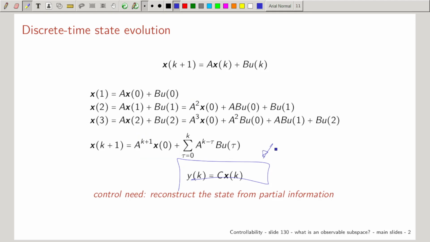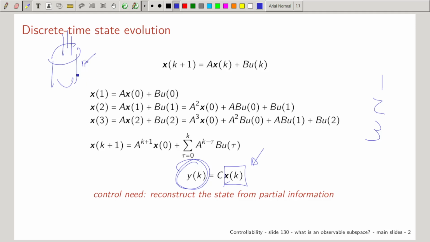Whenever we measure something and we get the output of the system, do we typically measure the whole state? No, true. If we have a furnace that is 2000 degrees inside, and we would like to know the temperature inside, the temperature for sure is part of the state, because the chemical reactions depend on the temperature of the stuff that we are melting.